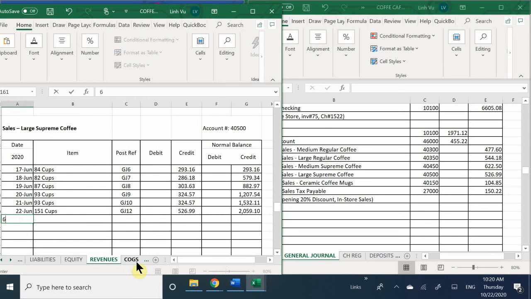Then we have Large. 151 cups, and that's going to be GJ 12, 151.